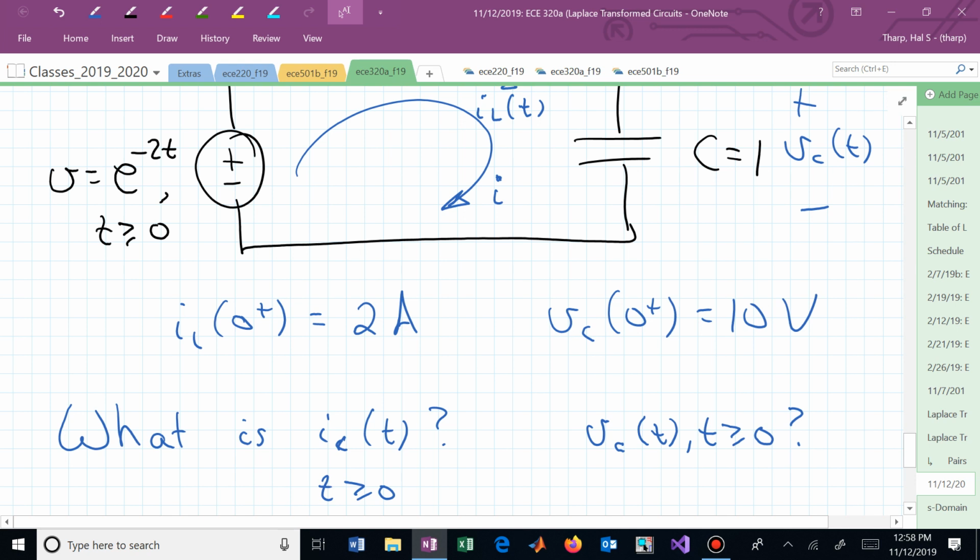Why am I focusing on inductor current and capacitor voltage? Those quantities cannot change instantaneously. Those are the ones with the time rates of change, di/dt and dv sub C/dt, the ELI and ICE. Those variables are continuous. They can't change instantaneously. So we know that at 0 minus, whatever it was from our external circuitry, it's going to be preserved at 0 plus.